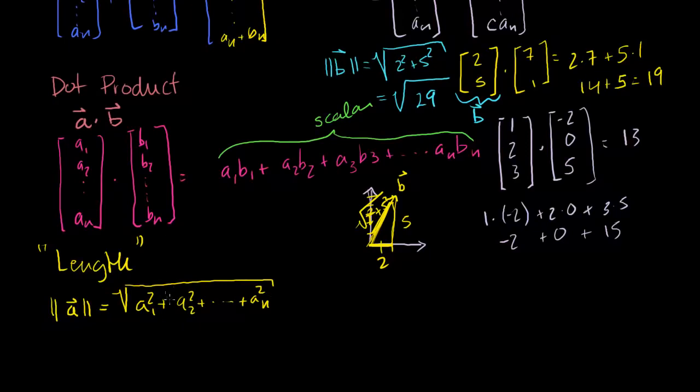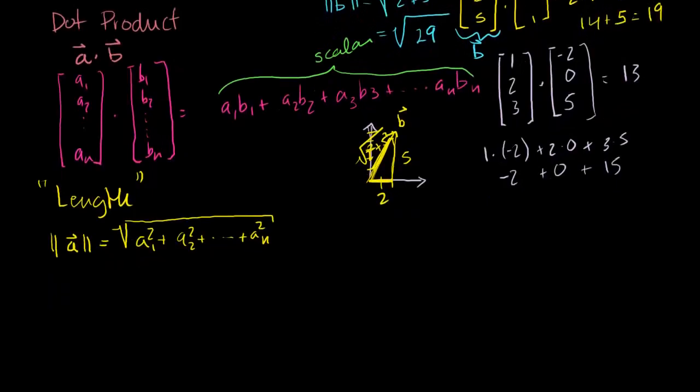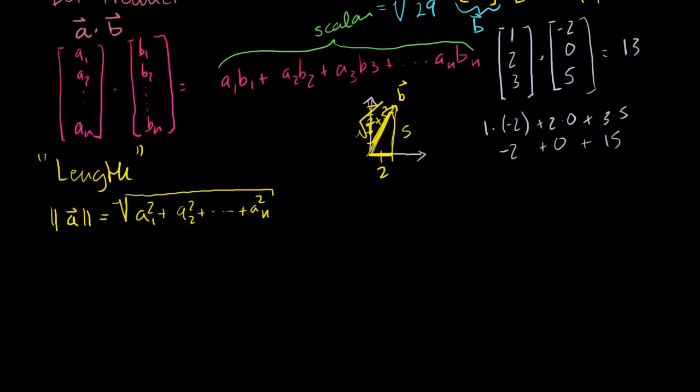But what's neat about it is that now we can start thinking about the length of a vector that maybe has 50 components, which, to visualize in our traditional way, makes no sense. But we can still apply this notion of length and abstract beyond what we traditionally associate length with.